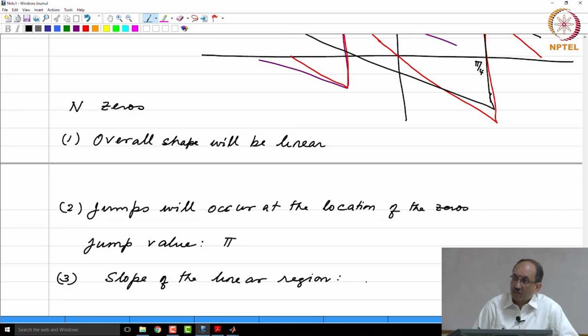If you add n such linear curves, the overall slope will be minus n by 2.